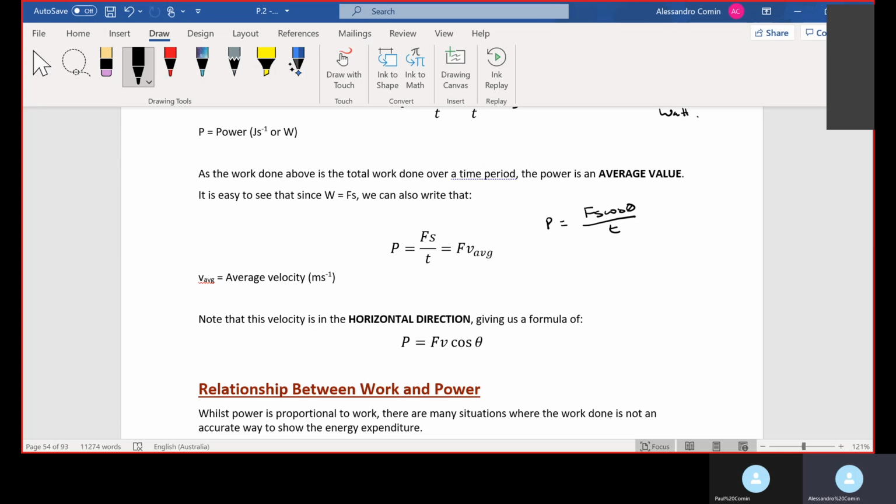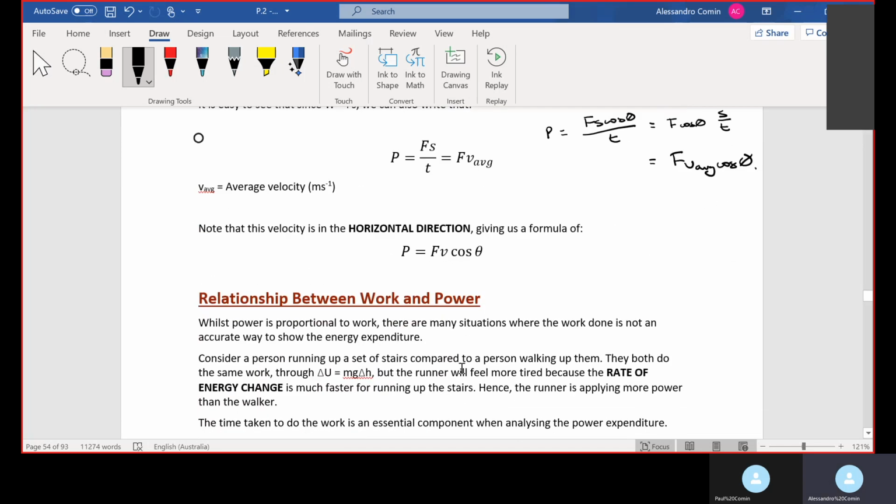Let's take out the F and cos theta. s on t is just average velocity, and the reason it's not instantaneous velocity is because Usain Bolt can run 100 meters in 10 seconds, but his speed at the end of the race is not equal to the speed at the start of the race. So hence we're going to have F v average cos theta.